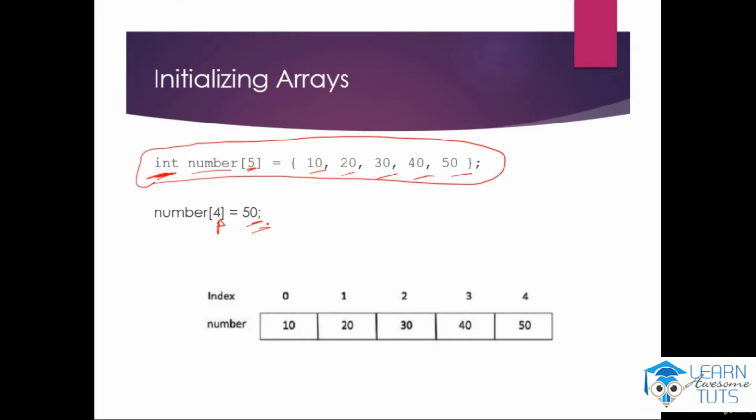All arrays have 0 as the index of their first element, as you can see, and this is called the base index, and the last index of an array will be the total size of the array minus 1.